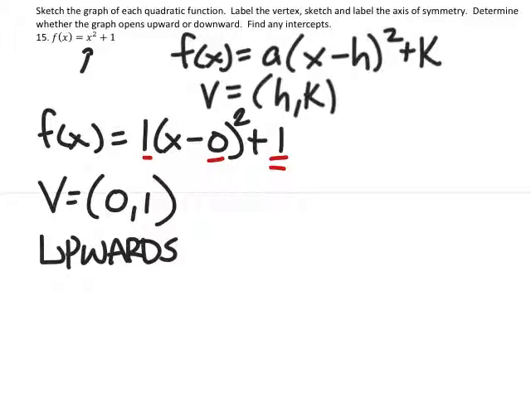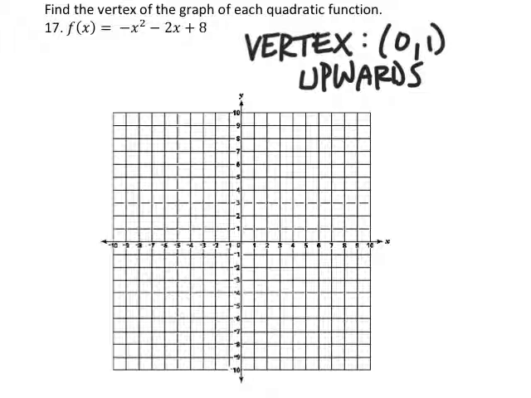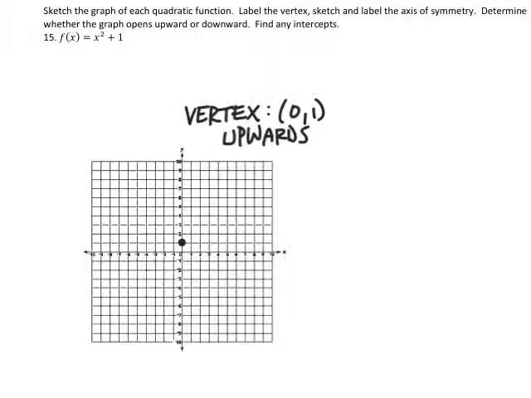So the last thing we need to do is just graph this. We know the vertex is going to be at (0, 1), and this is going to open upwards. Now since it's opening upwards, there's not going to be any other intercepts other than that y-intercept. So we know the vertex is actually the same as the y-intercept.